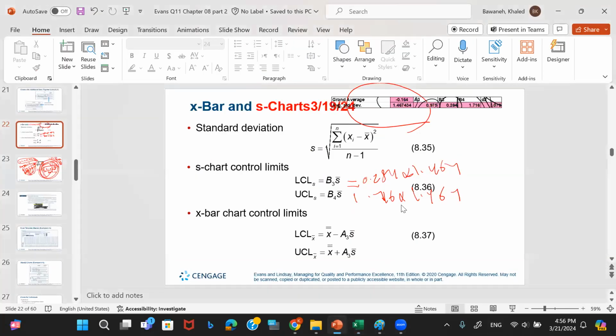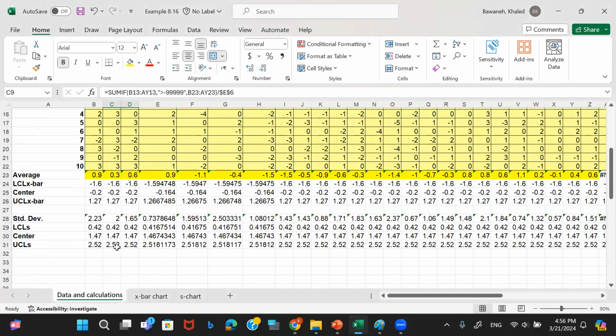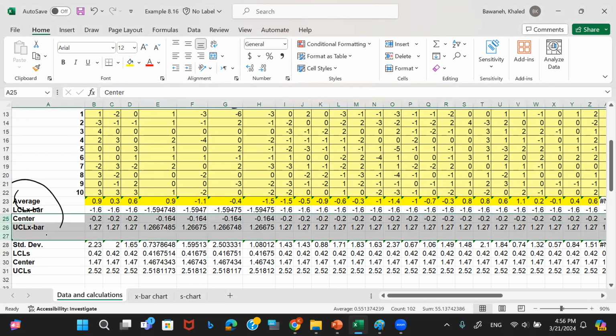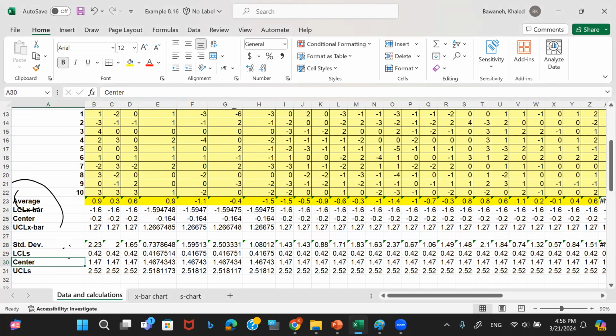And plug in the A3 here. The S bar is already calculated, and the X double bar is already calculated. We can do this in Excel also. The central line is the average. This is the X bar. This is the S for the S chart, the standard deviation.